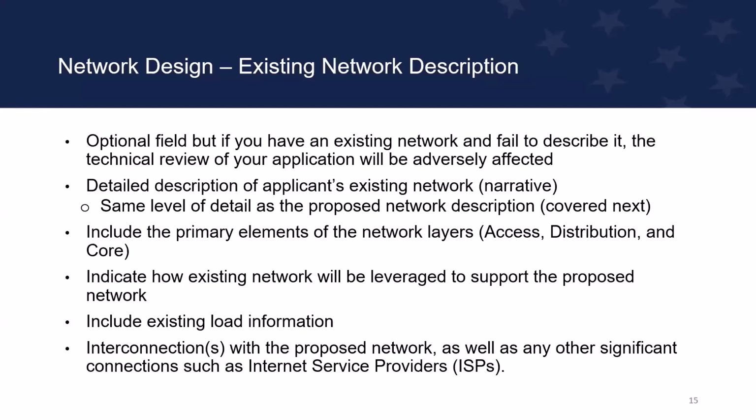We'll want to see your interconnections. We'll basically want to see, is your existing network overloaded, and is it going to compromise the proposed network? Include all the primary elements, just like you would in the proposed network: access, distribution, core, and tell us what it's capable of, basically.